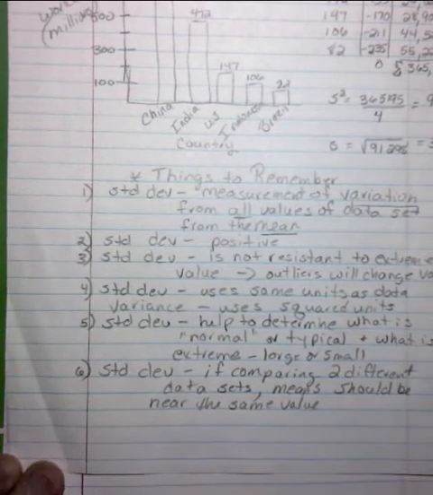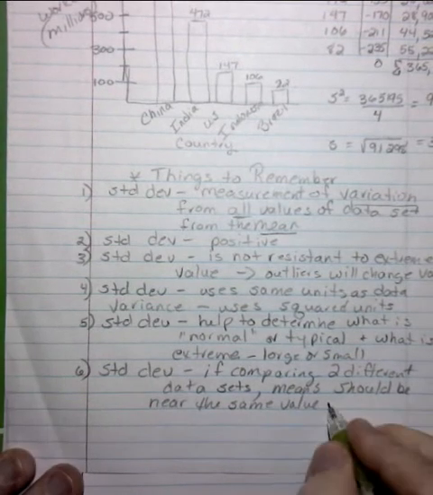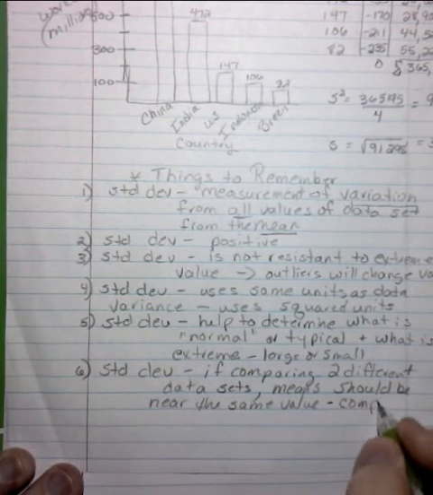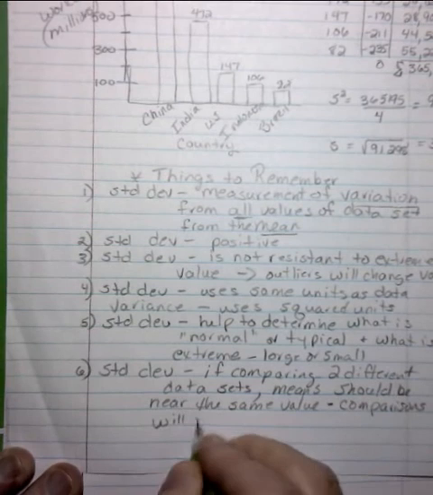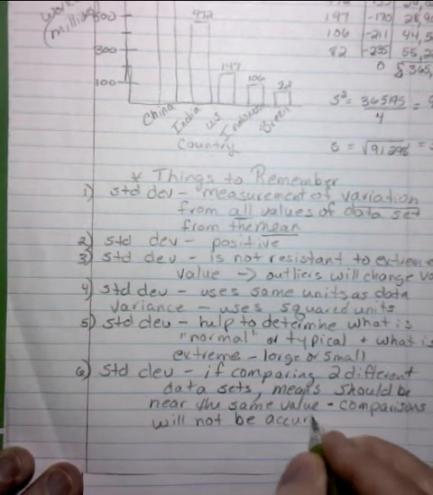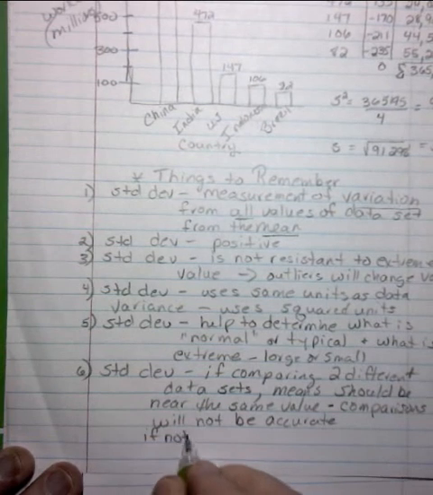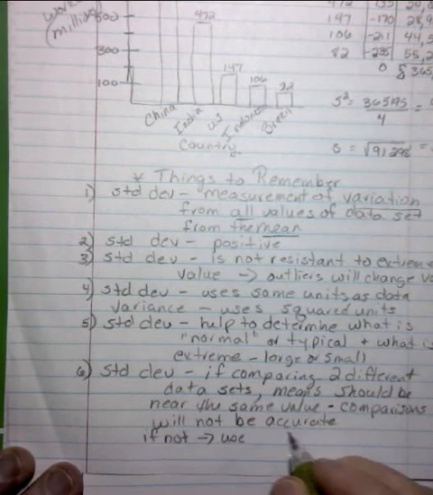If the means are not near the same values, you're not going to get a very accurate comparison. And if they're not, you want to use a value called coefficient of variation.